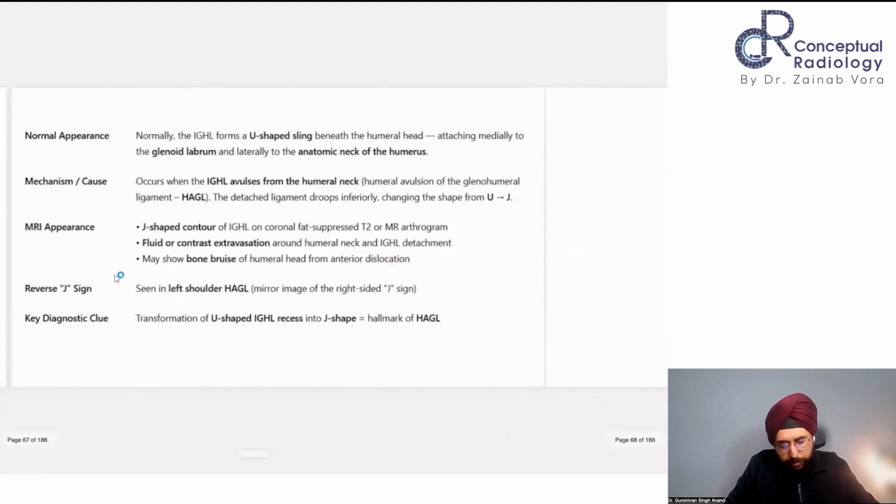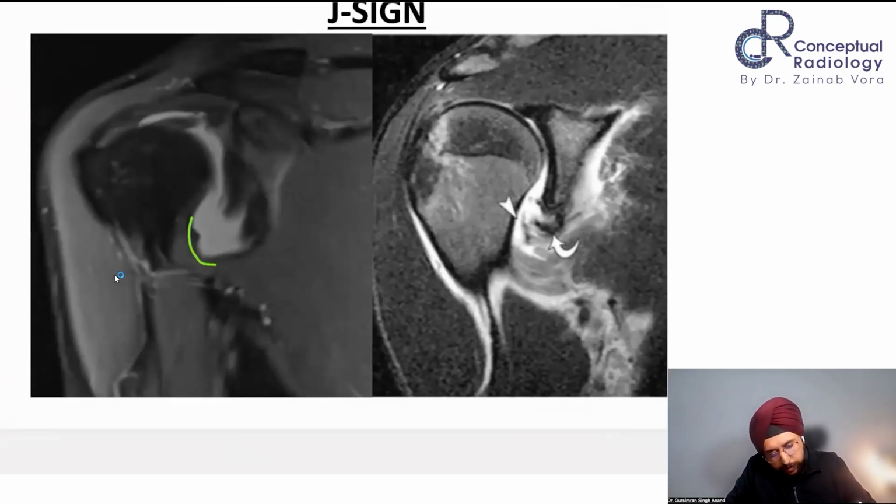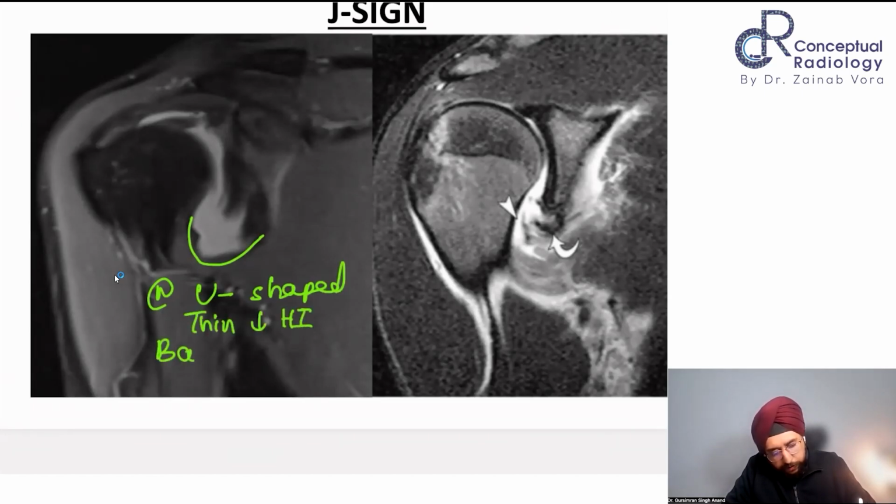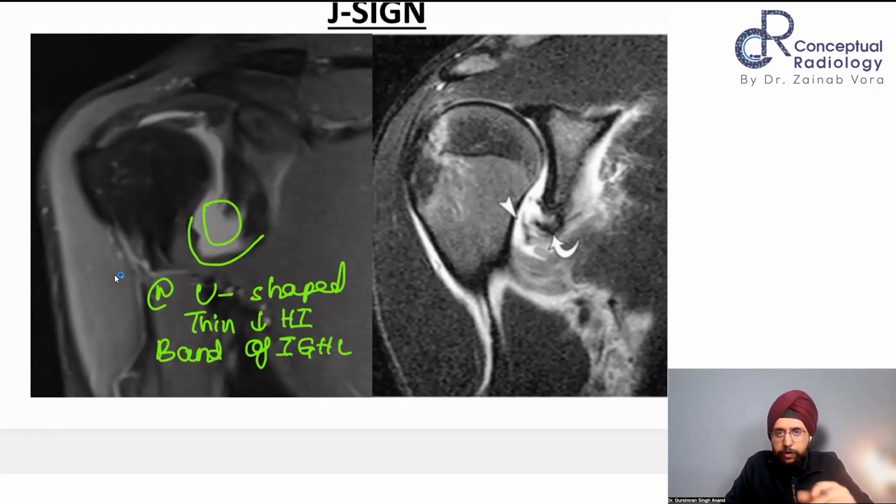Now let us compare the normal. So this is a normal U-shaped, thin, hypointense band of IGHL, and the intracapsular fluid is in the intracapsular space only, not extending into the extracapsular space. First clue in the second image: this fluid extending to this side.